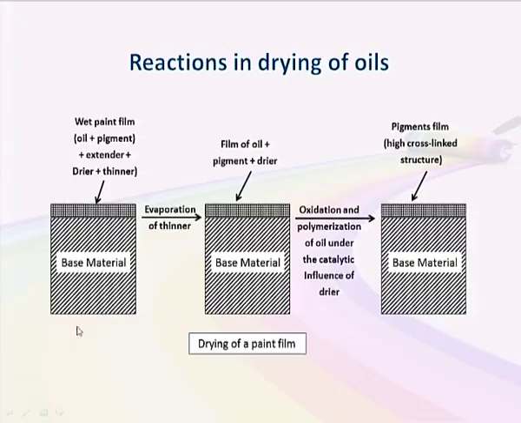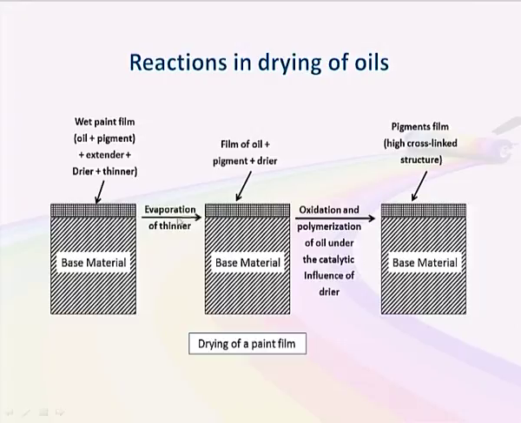We can further understand the drying of a paint film. This is the base material. Now, wet paint film means oil together with pigment. Then in the presence of extender, dryer and thinner, they are all applied on the surface of the base material.